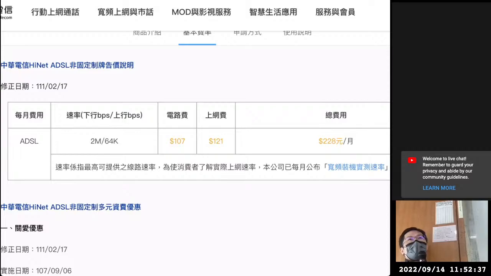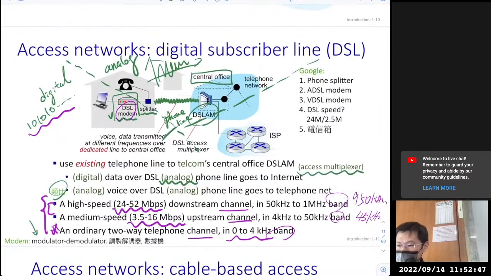the wrong word. The actual technology you use in your home and consider to be ADSL is actually not. It is VDSL， 就这个字。Actually, when you go to HiNet and ask, okay, I want to subscribe to your ADSL service, actually they give you VDSL.